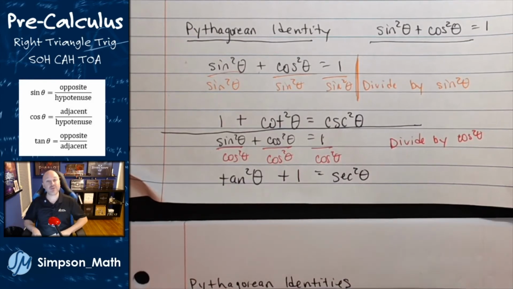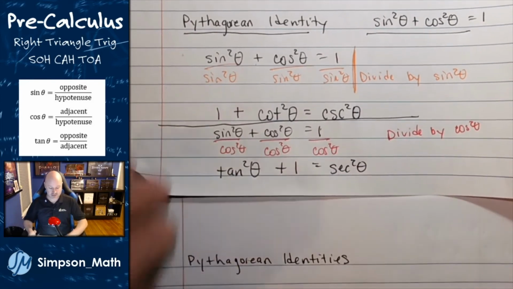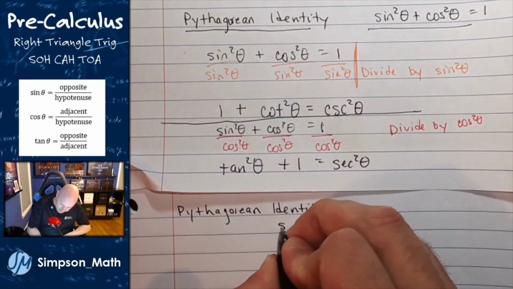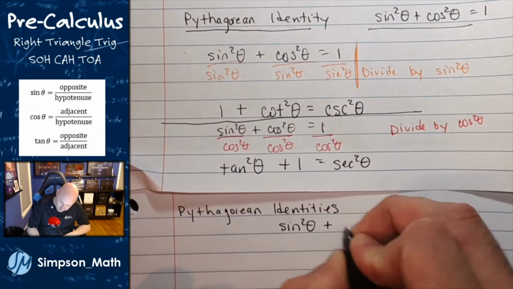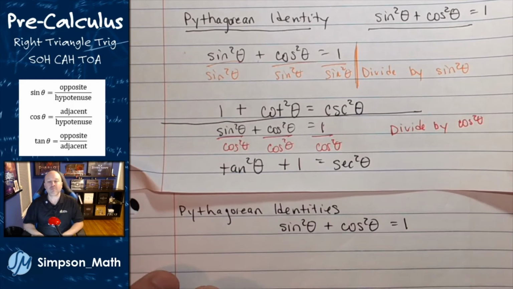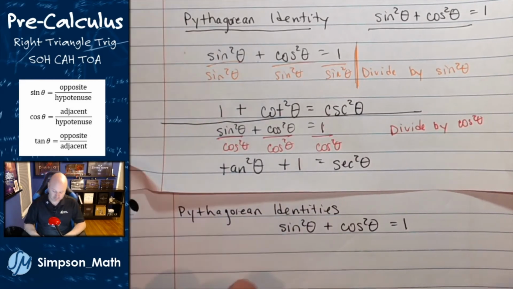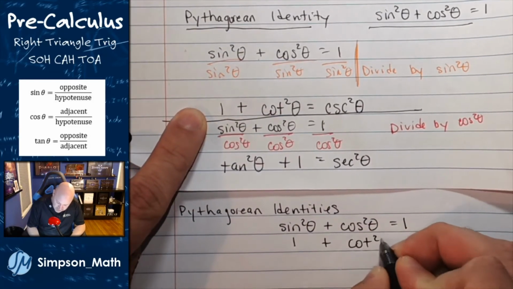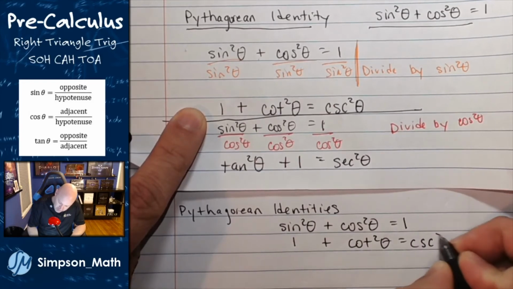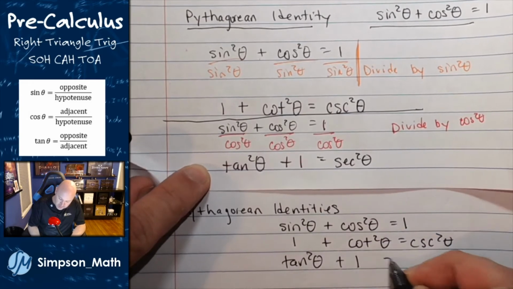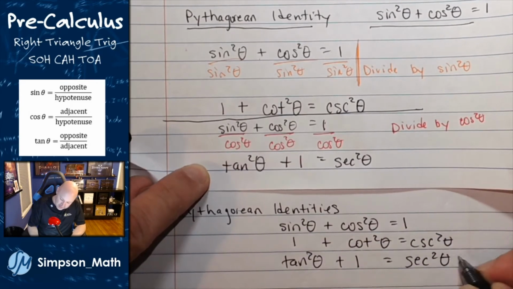I claim if you can just memorize the first one, the fact that sine squared plus cosine squared equals 1, then you can derive the other two like we just did. 1 plus cotangent squared equals cosecant squared. Tangent squared plus 1 is secant squared.